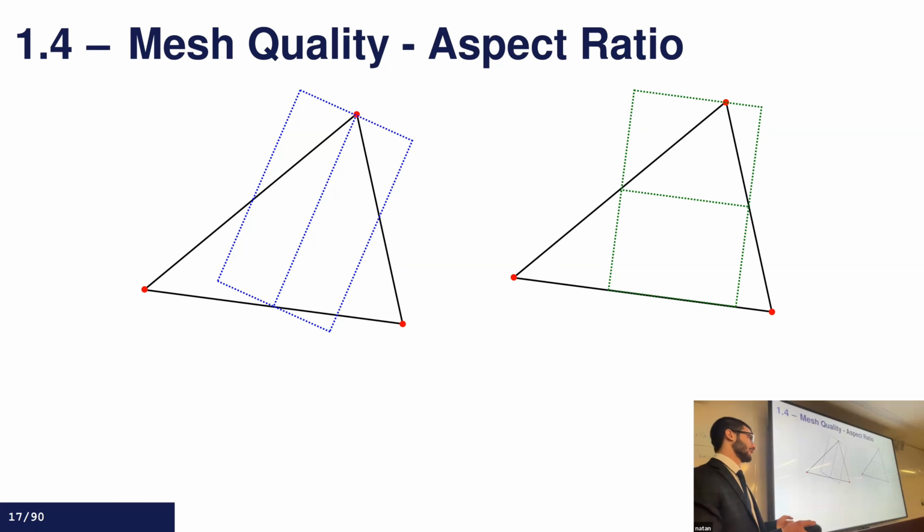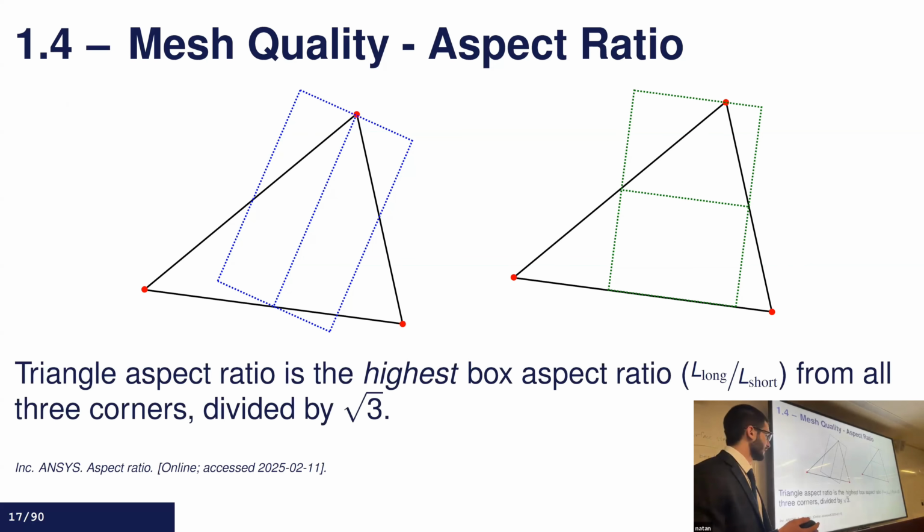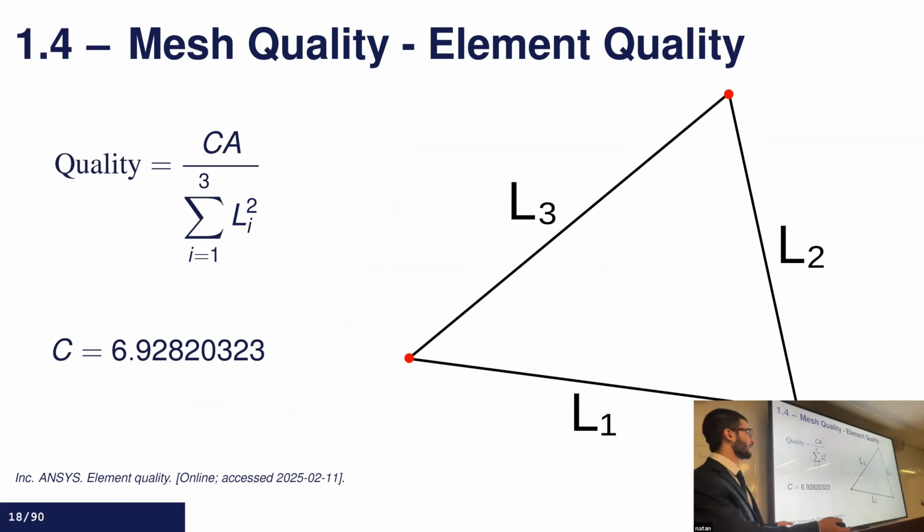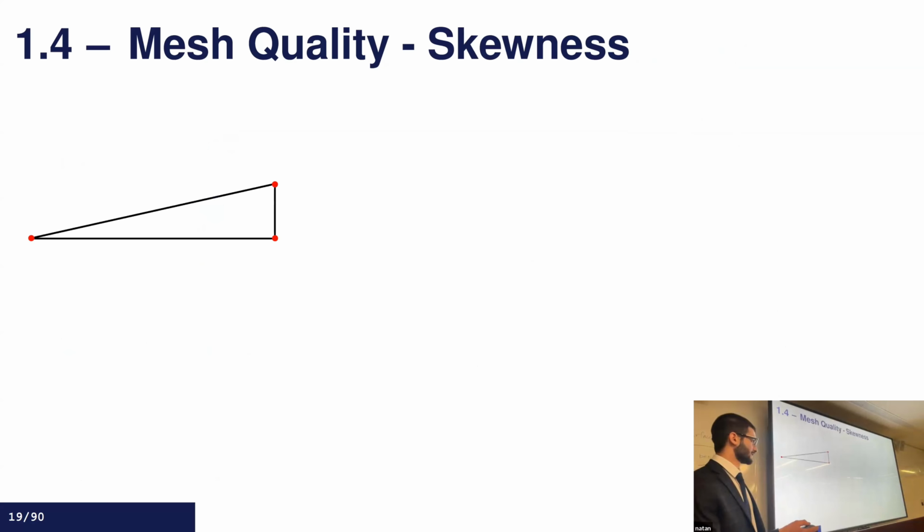The first one is aspect ratio, where we draw these 2 boxes for each vertex in the triangle. The aspect ratio of the whole thing is the biggest one of these divided by the square root of 3. That's documented by ANSYS. The second one, also by ANSYS, element quality, we follow this equation. This constant comes from ANSYS. It's great. And lastly, skewness.